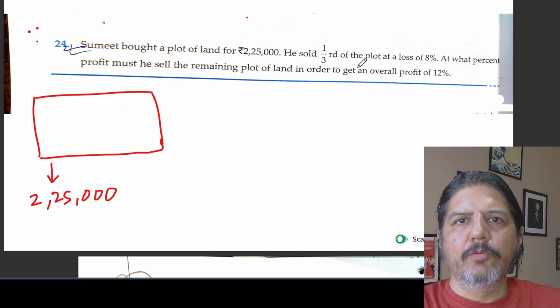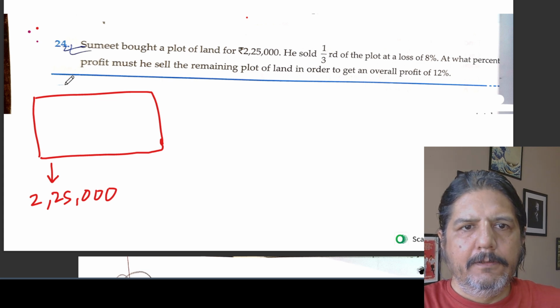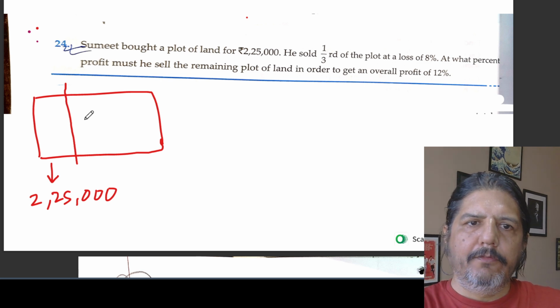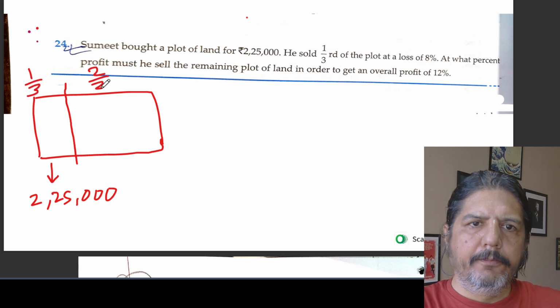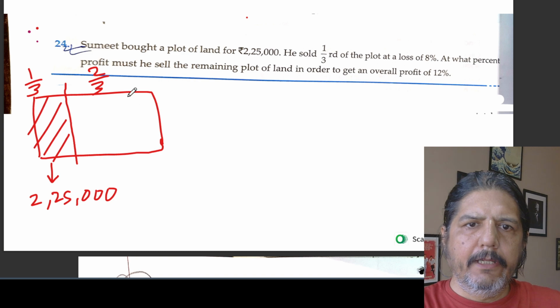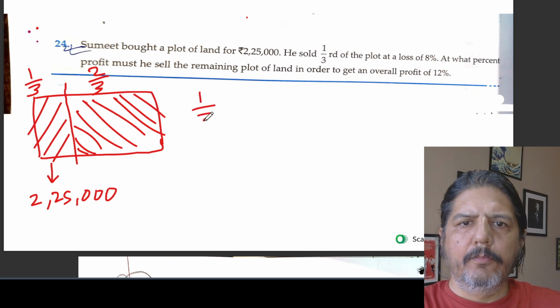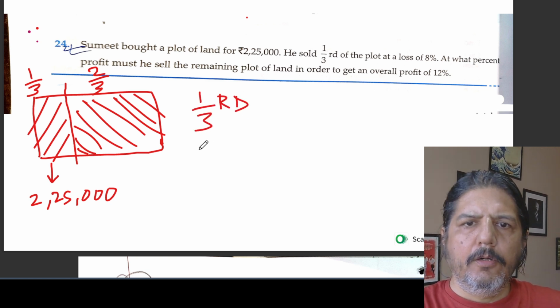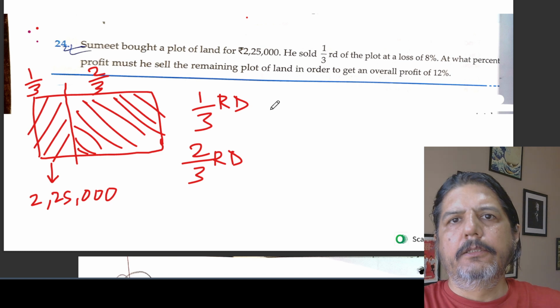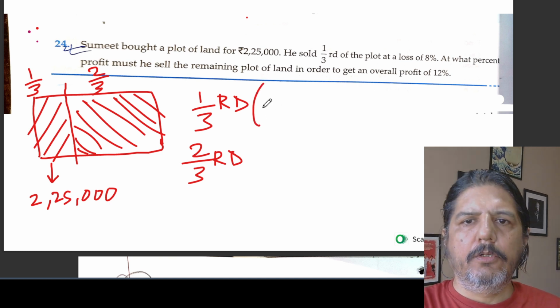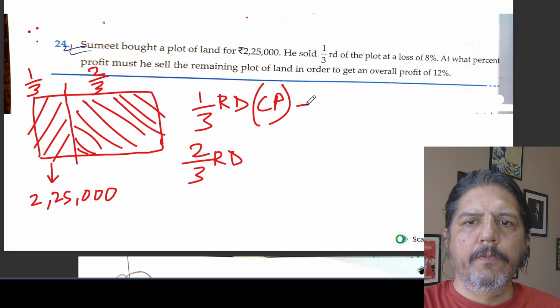So the full plot is for 2,25,000, which implies that if I divide the plot in such a way that this is one third of the plot and this is two-thirds of the plot, then what I need to understand is that the cost price of one third of the plot would be one third of the total cost.